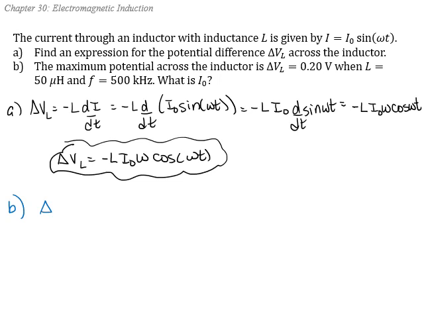So delta V L equals delta V L maximum. So delta V is a maximum if cosine omega t is equal to minus 1. And that's because cosine can range between negative 1 and plus 1.